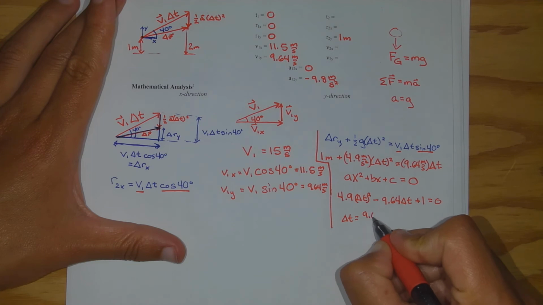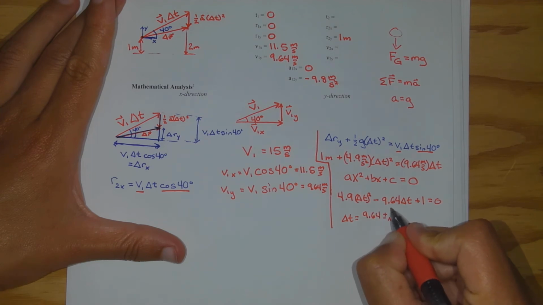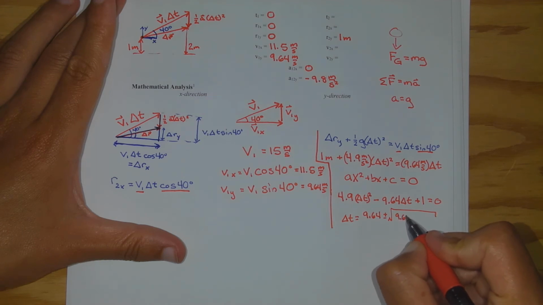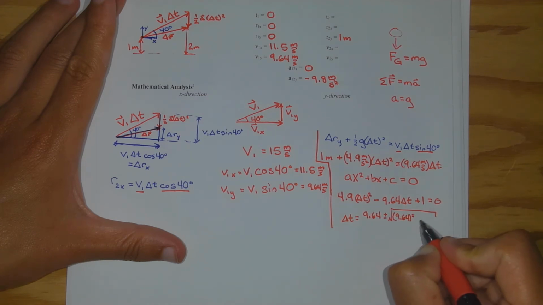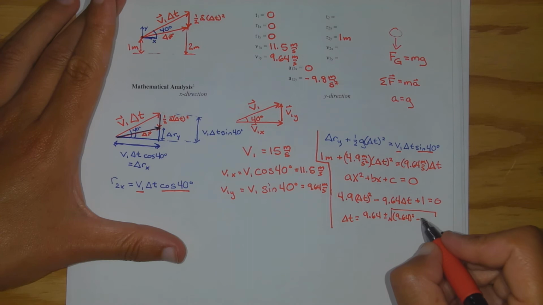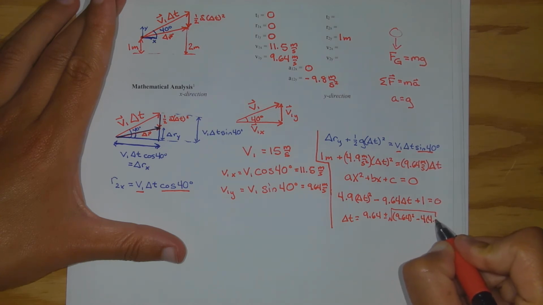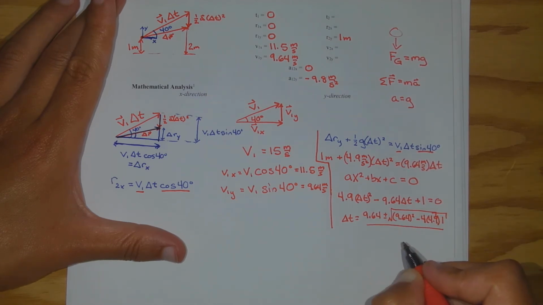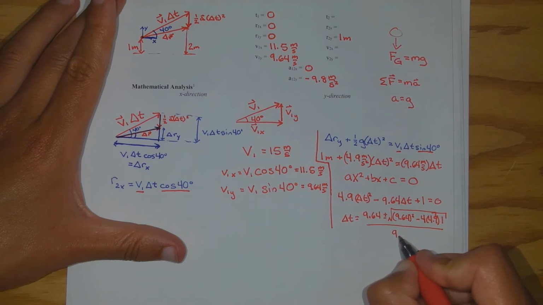Then using the quadratic formula, I have delta t is equal to 9.64 plus or minus the square root of 9.64 squared minus 4 times 4.9 times 1, divided by 2 times 4.9.